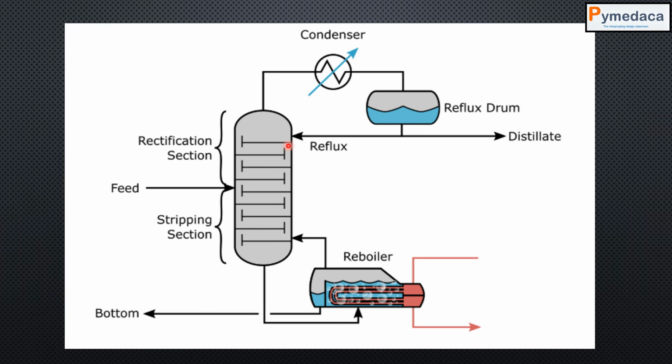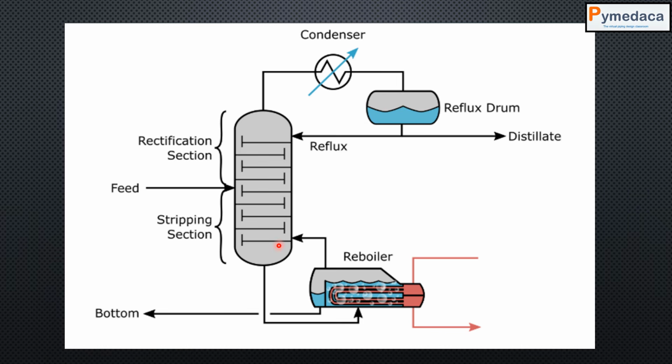Look at the column in the P&ID. This is not a P&ID, we can consider it a PFD, where it shows multiple different trays, and you have a feed, which is the inlet, and there are two sections, the stripping section and the rectification section. From here the condensed gas is taken out, condensed, and goes to the reflux drum we have seen in the previous slides.